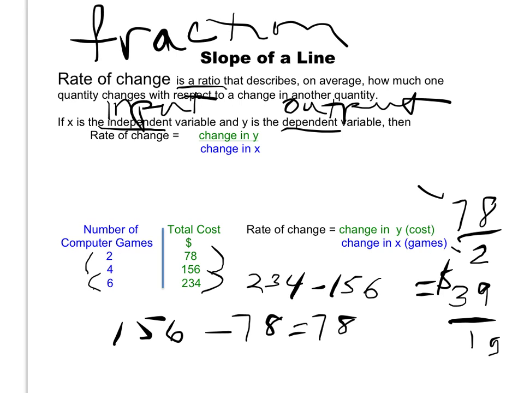So again, I get a rate of $39 to one game. Just notice here that the rate is staying constant. The rate is the same for every change. Little FYI, this rate, it's constant. This rate is linear.